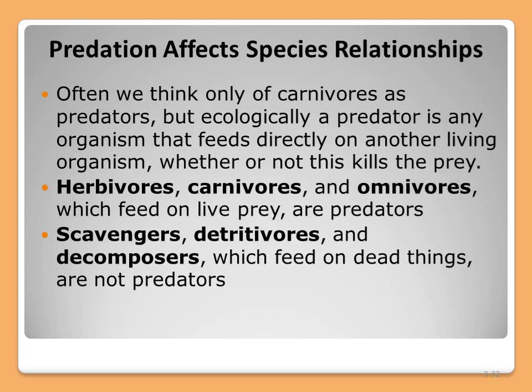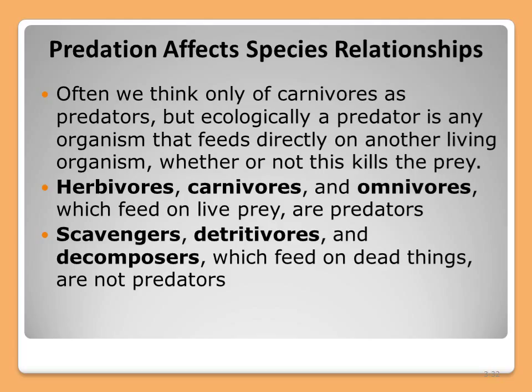Parasites are also predators. They don't kill the prey, but for example, you might have a tick feeding off of a deer, and that tick is also a predator on that deer.